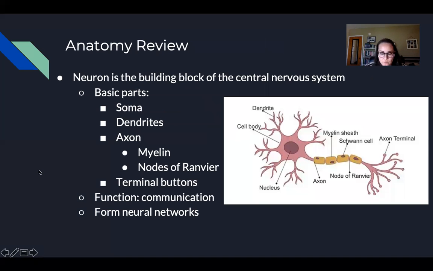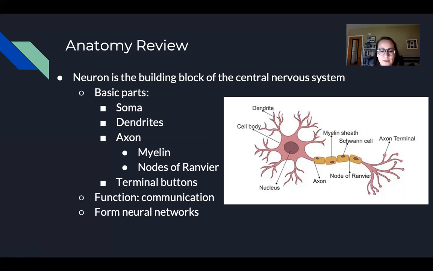So let's go ahead and review the basic anatomy of the eyes and the brain's visual processing system. So again, we're going back to Gen Psych information.